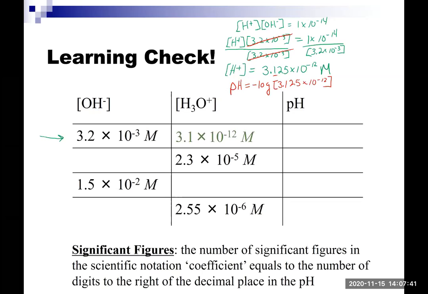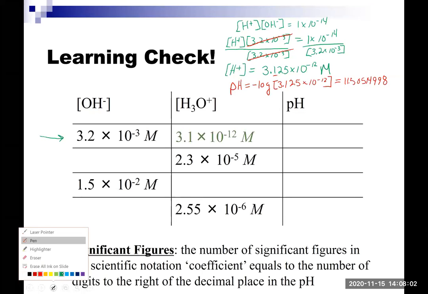When I do this logarithmic calculation, I get 11.50514998 for pH, and then I have to make some judgment calls about significant figures.